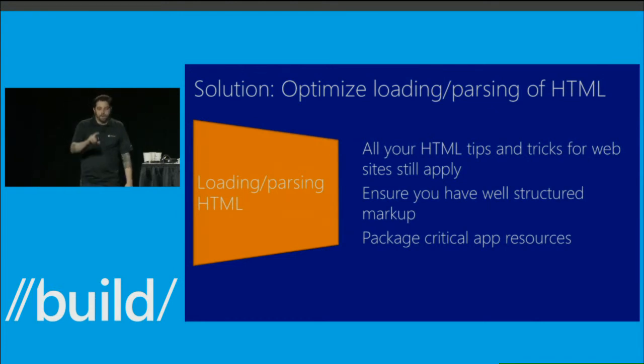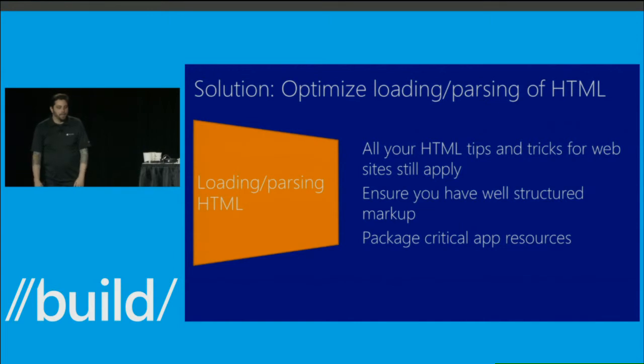But one of the nuggets I'm going to pull out, because I've fallen into this trap, and I talked a little about it in the problem section, is that you really want to ensure that you have well-structured markup. I know, and you guys have probably done it too, where you have inline style tags and inline script tags, and it's like, oh, it's just a function or something, it's really fine.